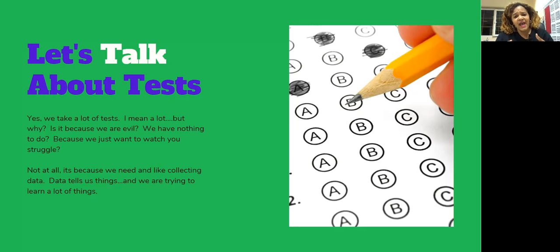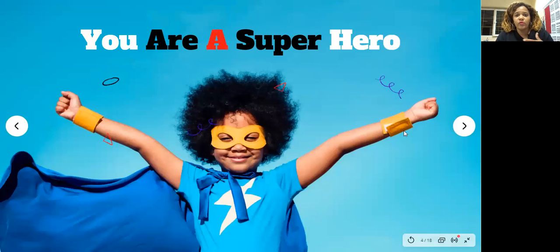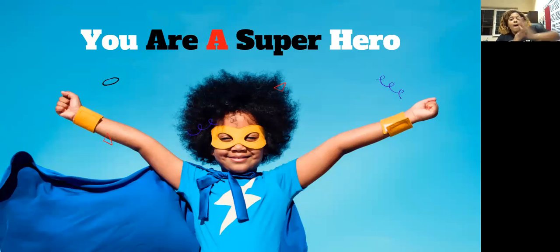And we use this data to see in the classroom what you have learned and what you might need to practice some more on, right? So that's the whole reason for tests, so we can practice and understand what we've learned so we can become a superhero.